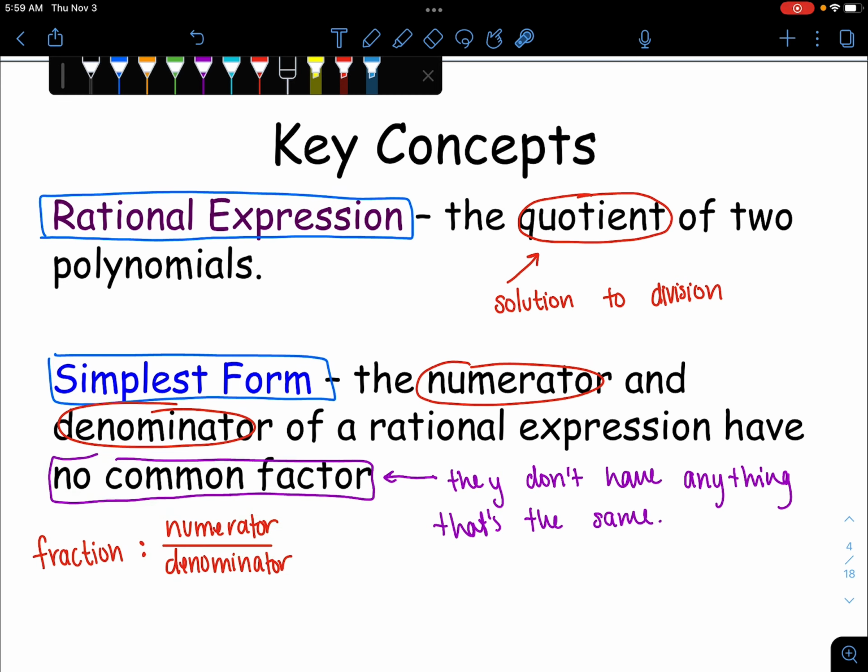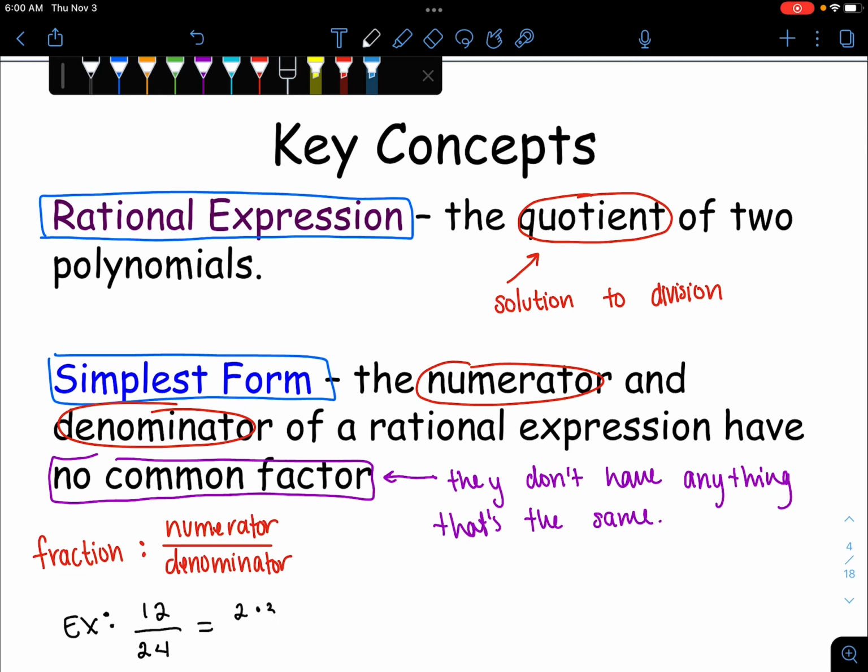Okay, so for example, if I had 12 over 24, I'm going to break it down to 2 times 6.